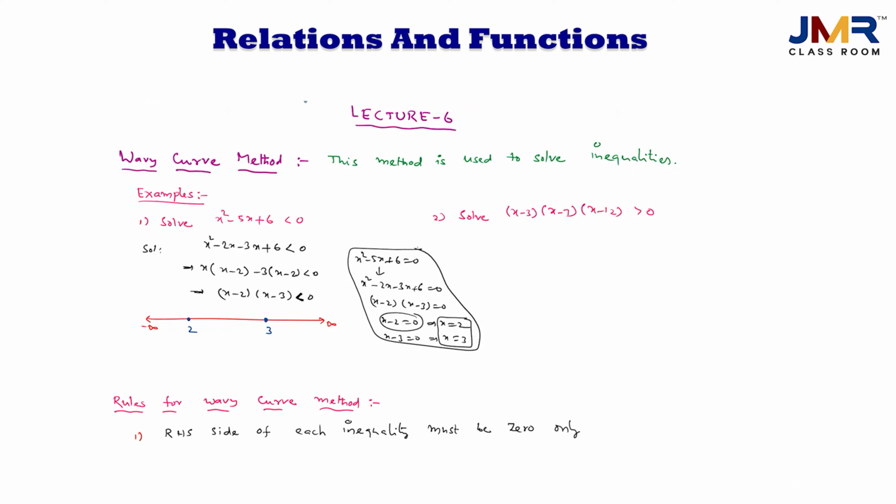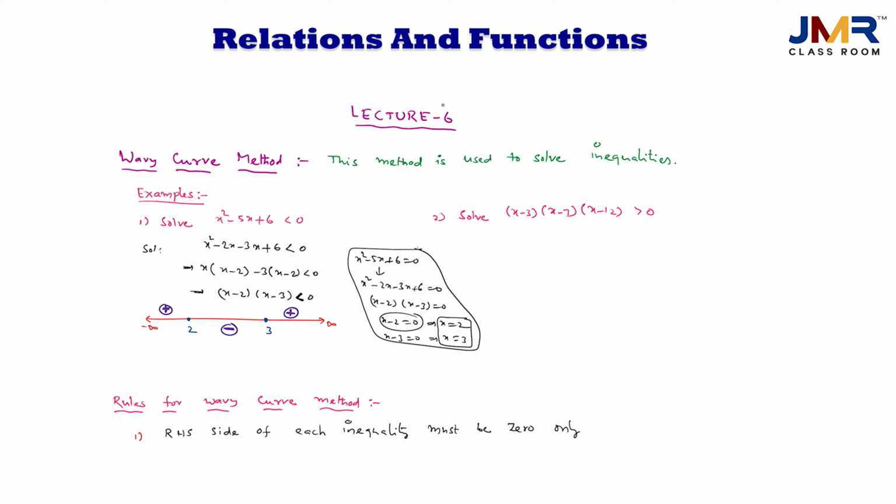Now write the positive sign above the number line on the right side; this is positive, then negative, then positive alternately. All the numbers from 3 to infinity, substitute here, you will always get positive. Between 2 to 3, negative. Here again positive. Alternately, positive, negative, positive.